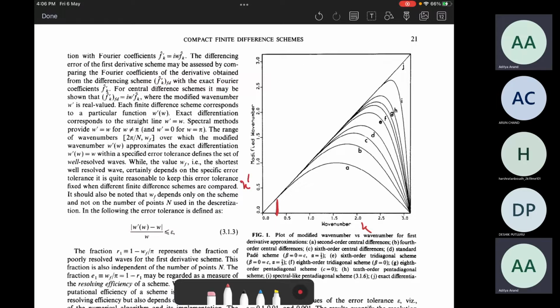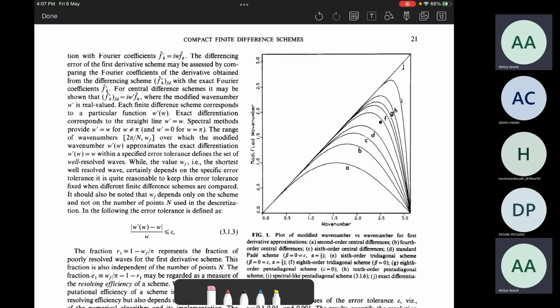At low wave numbers, k prime is more or less equal to k. But you start seeing some deviations from the ideal at higher wave numbers, and this is present in all the schemes.